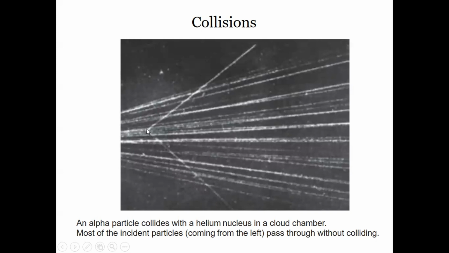The collision has taken place and the momentum has changed. The initial momentum of the particle is now shown with the new velocity vector of the alpha particle and with the new velocity vector of the nucleus.